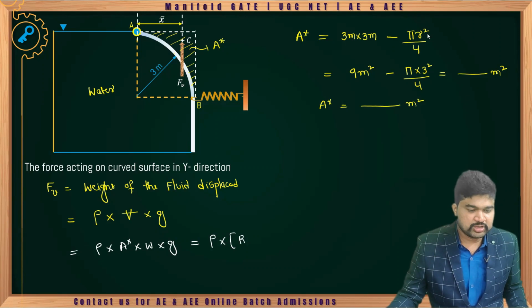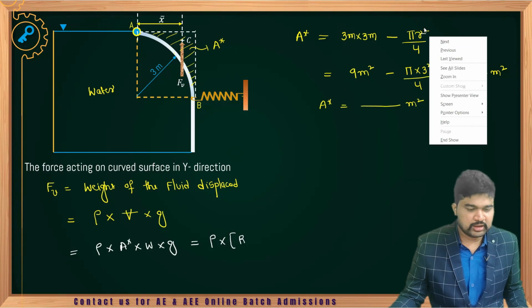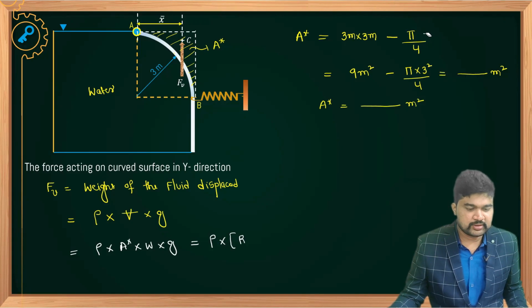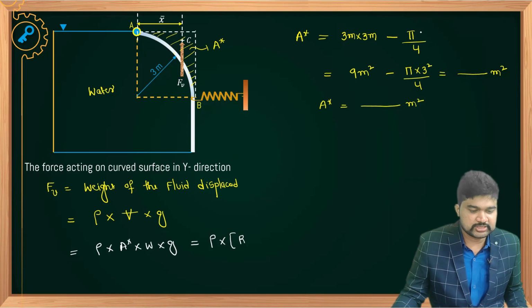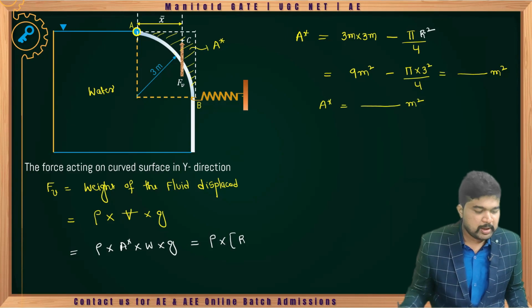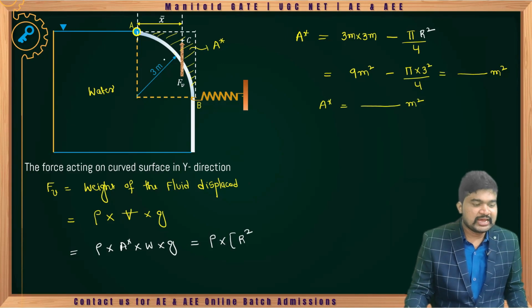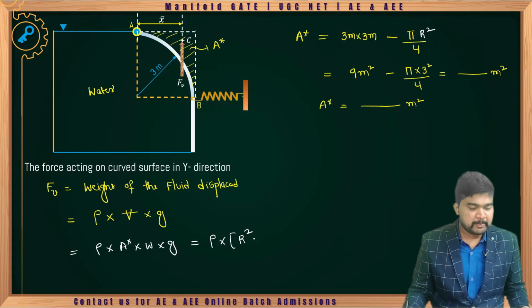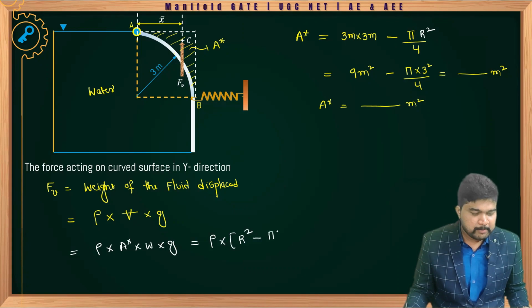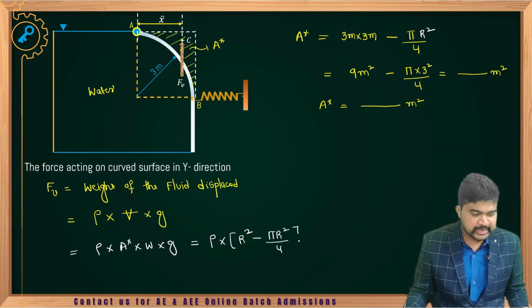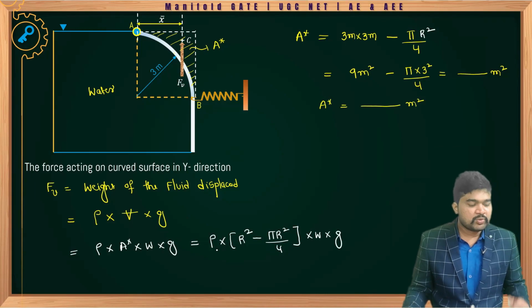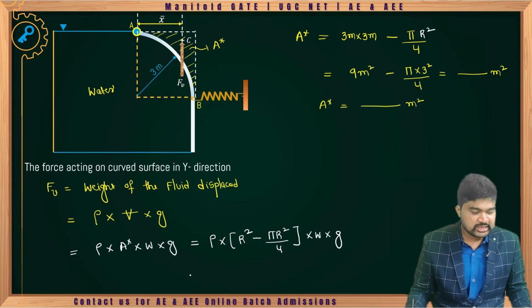Here I want to keep capital R. That is up to you. R square is the area of the square minus pi times R square by 4, into width of the gate into g. Once you substitute all, you will be getting the magnitude of Fv.